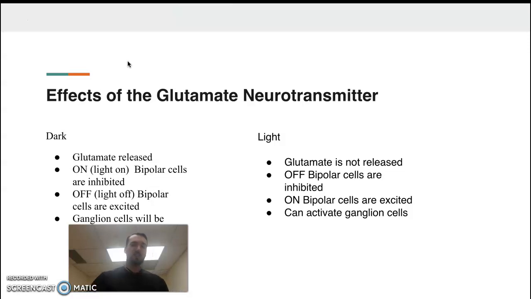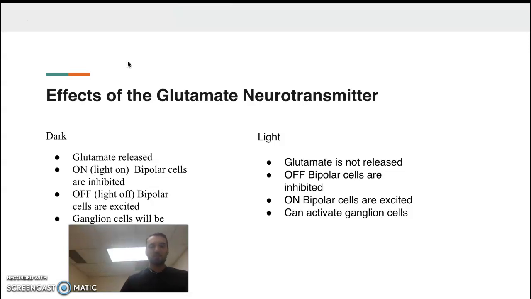And when we turn to the phase when light occurs and it hits the retina, we have glutamate that is not released. cGMP levels are decreased by the phosphodiesterase. Glutamate neurotransmitter is not released, but we still have ON bipolar cells that are excited and OFF bipolar cells that are inhibited.